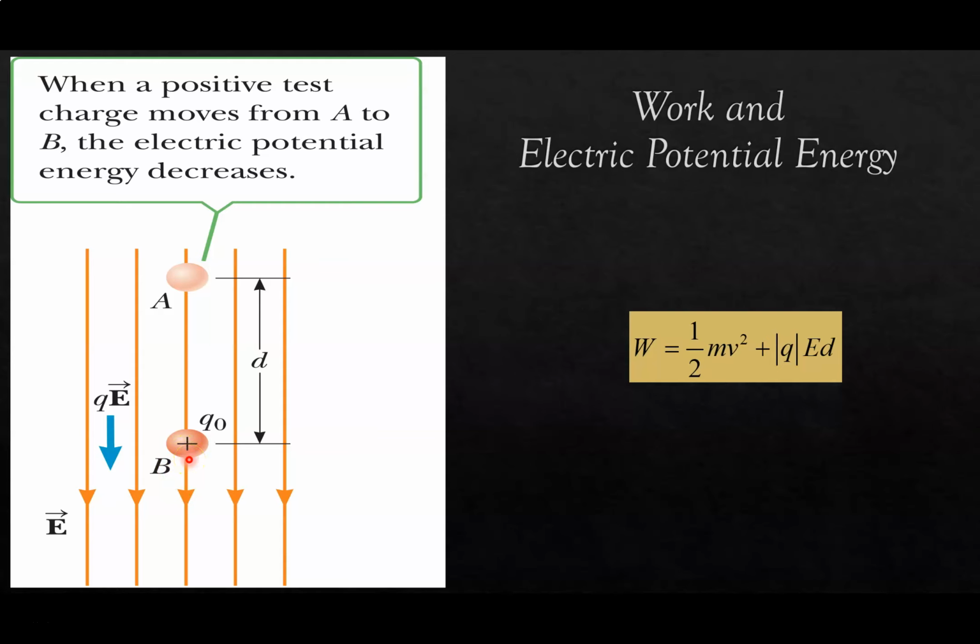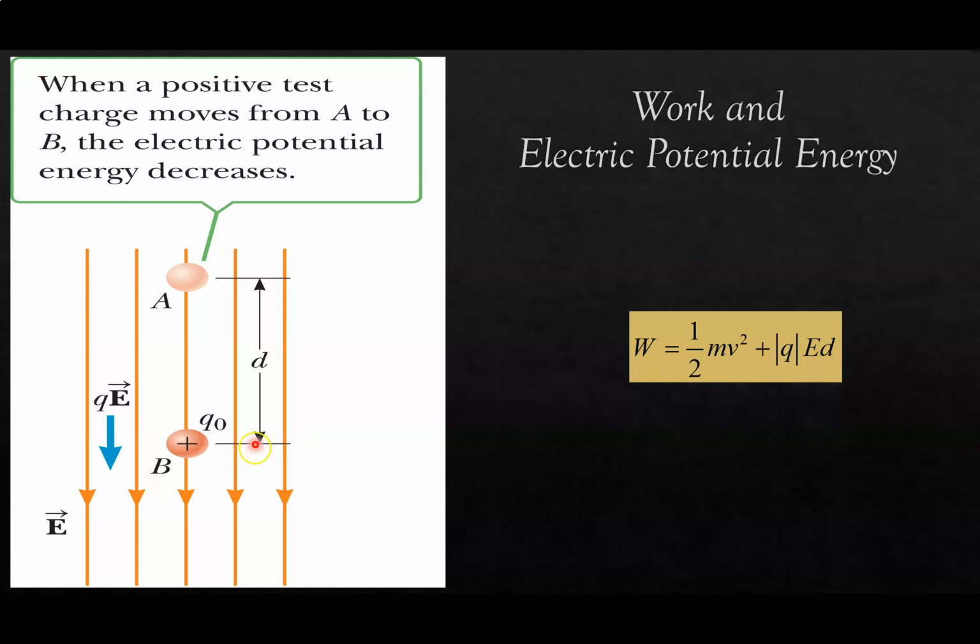Notice that the negative charge had a positive change in electric potential in moving from A to B. If the negative charge has any speed at point B, the kinetic energy corresponding to the speed is also positive.